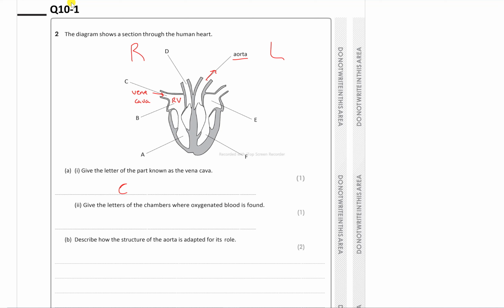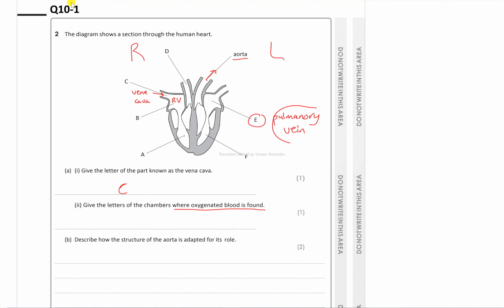Right, give the letters of the chambers where oxygenated blood is found. That's deoxygenated. So it is E. That is the pulmonary vein, sorry.